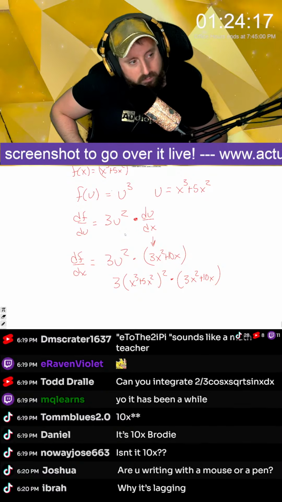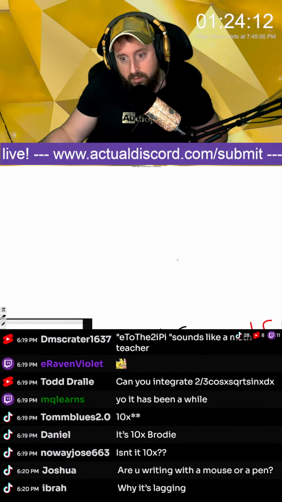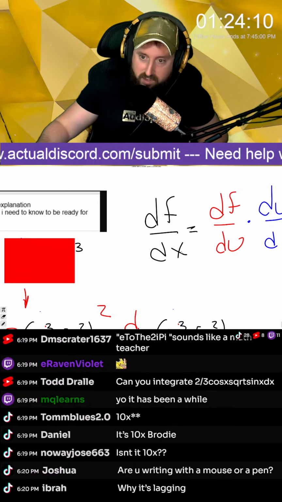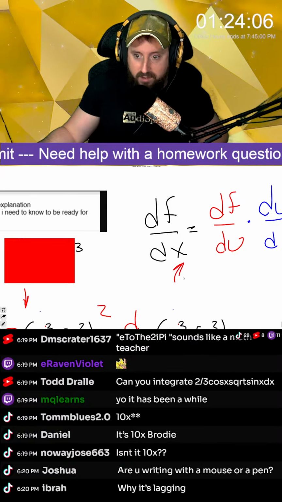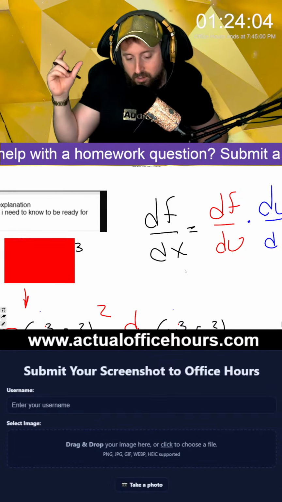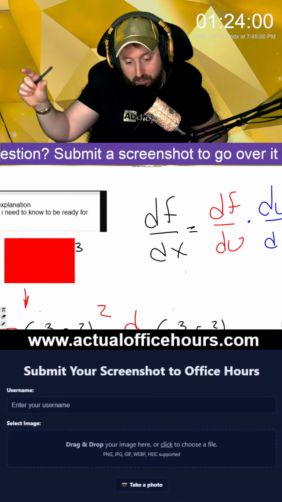Can you explain the notation? Yeah, okay. So this means take the derivative of f, but do it with respect to x. You'll learn later when you do partial derivatives that you can have different variables in a function.